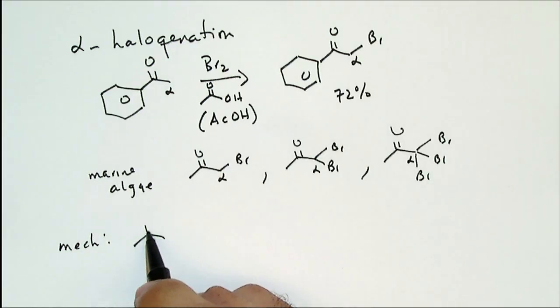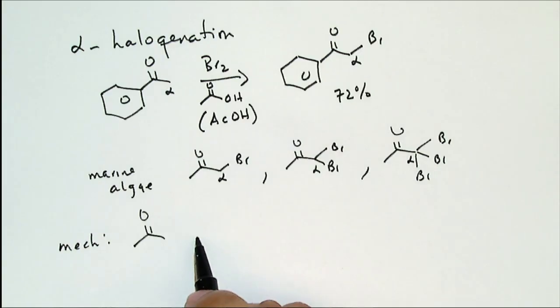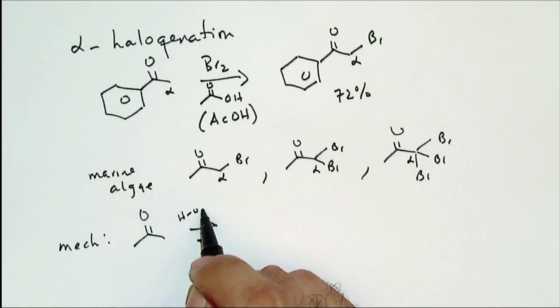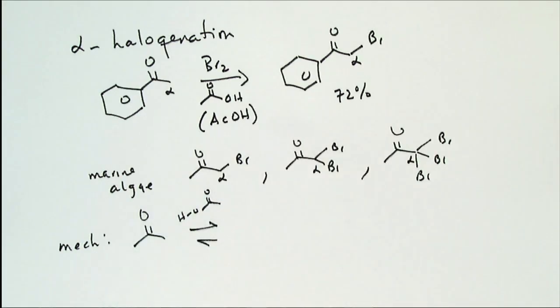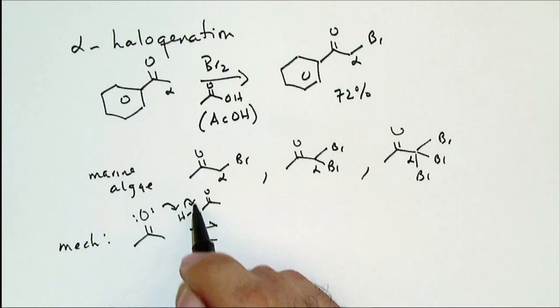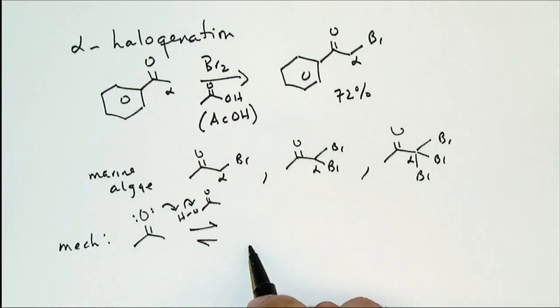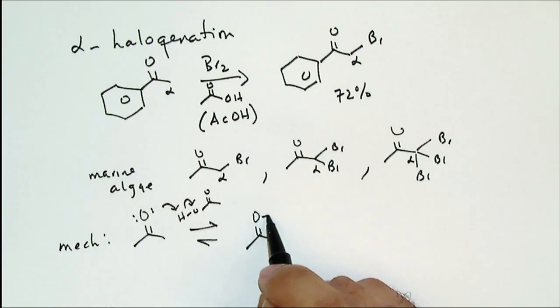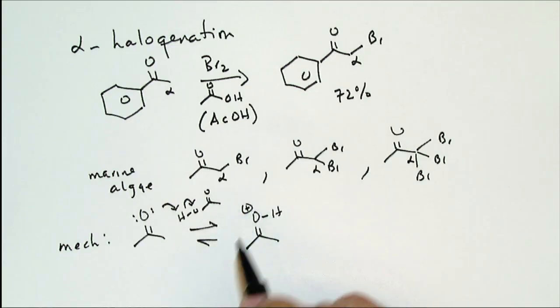You have your starting molecule, which is acetone. And so the acetic acid serves to protonate. So your oxygen reaches over, grabs your proton, kicks the electrons over to the oxygen. And so what you will now have is, of course, going to be this situation, plus charge on your oxygen.